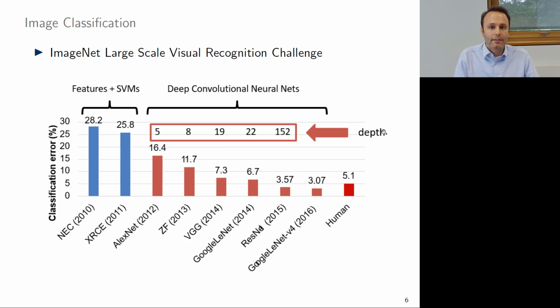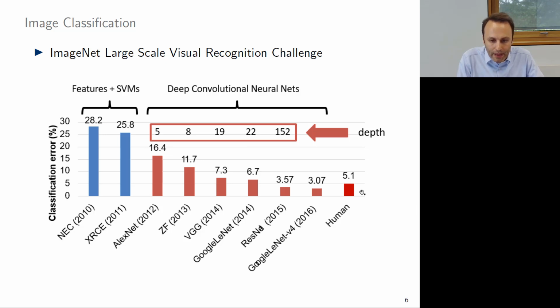Now, is it an advantage to have many hidden layers? Well, there is this ImageNet large-scale visual recognition challenge that has been really a test of how much improvement you get by having more hidden layers. So here you see the classification error of a large number of pictures that should be classified according to what they show.